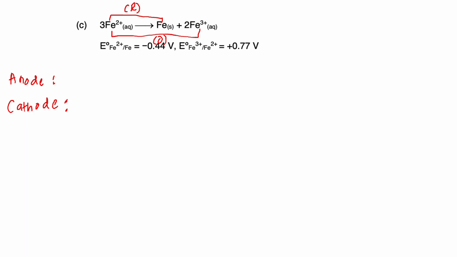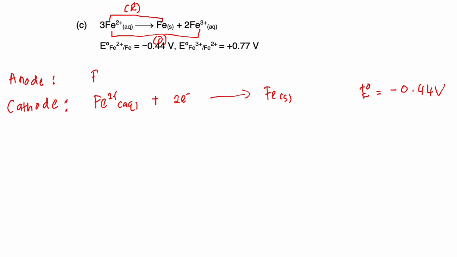Reduction at cathode. So we have ferrum 2 plus, plus 2 electrons to produce ferrum solid. Let's write the E naught cell for cathode, which is negative 0.44 volt. Then we proceed with anode.